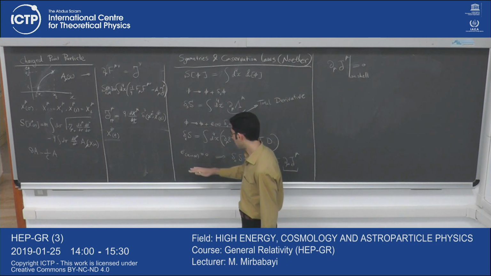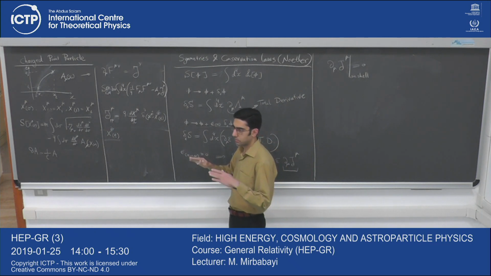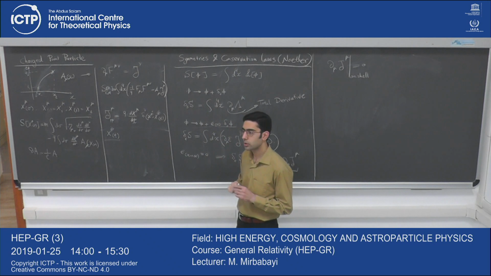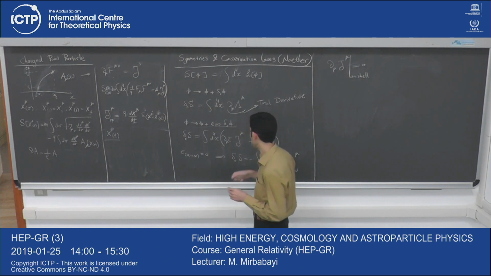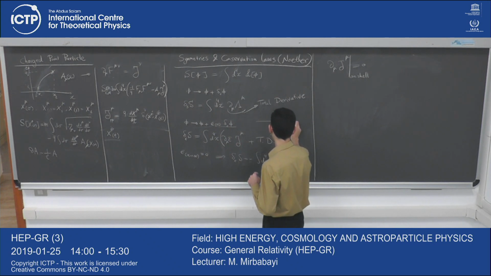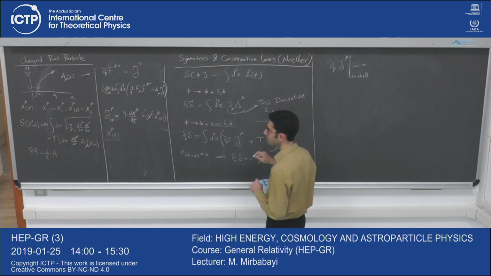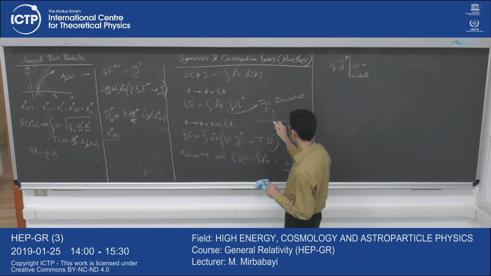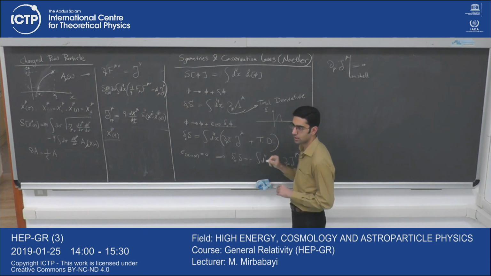I'm saying that this epsilon was an arbitrary parameter, right? So what I'm doing is taking epsilon as a function of x. I'm just assuming that this epsilon is localized. It vanishes at infinity. I see.